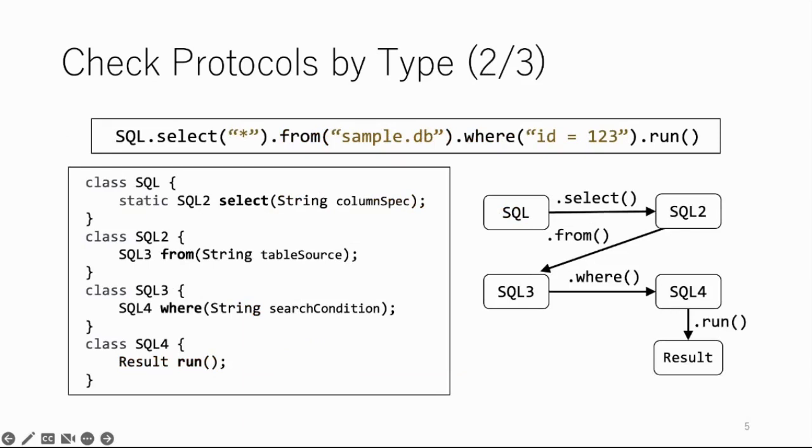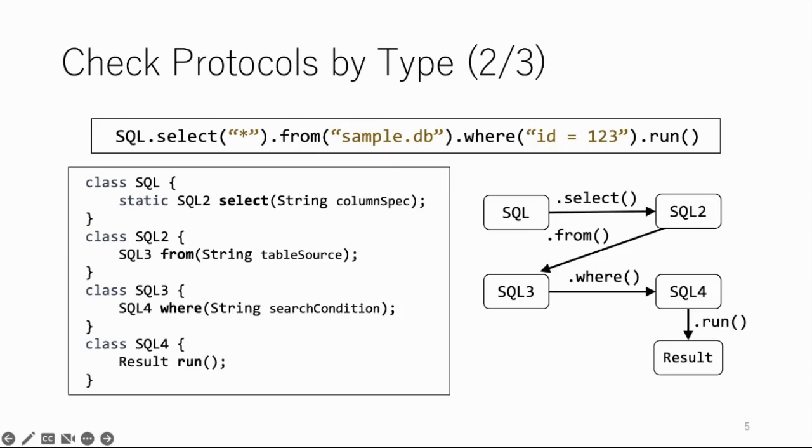So this is an example of an implementation of such a safe Fluent interface. By defining the SQL class like this, the result of the select method is an instance of the SQL2 class, which has only from.